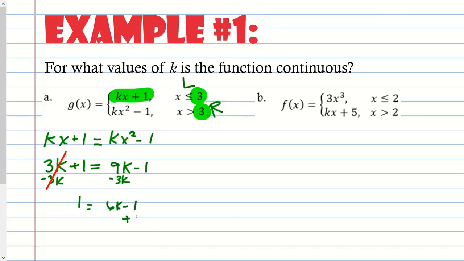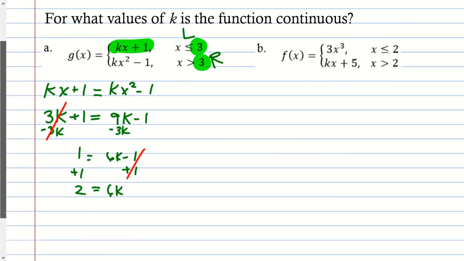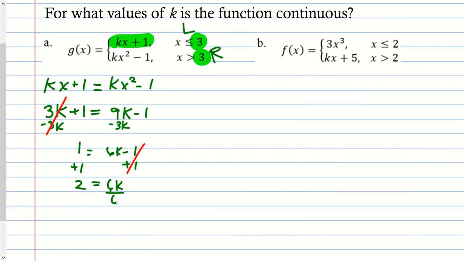Then add 1 to both sides, so that's gone, and I have 6k equals 2. In the wonderful world of algebra, if I want to get the k by itself, I need to get rid of the 6, which is being multiplied. The opposite of multiplication is division, so divide by 6, divide by 6. Voila, k is 1/3, or 2 over 6. You do not have to simplify in this class.